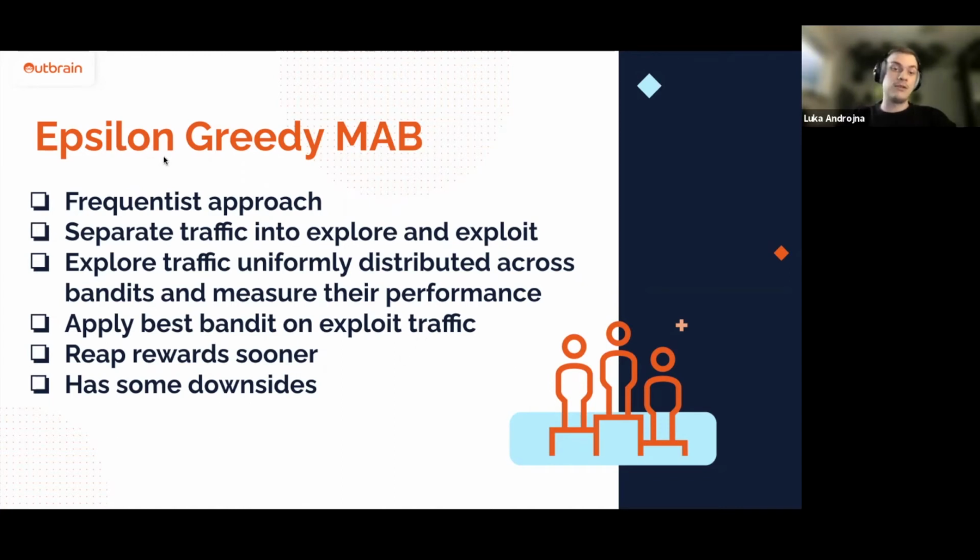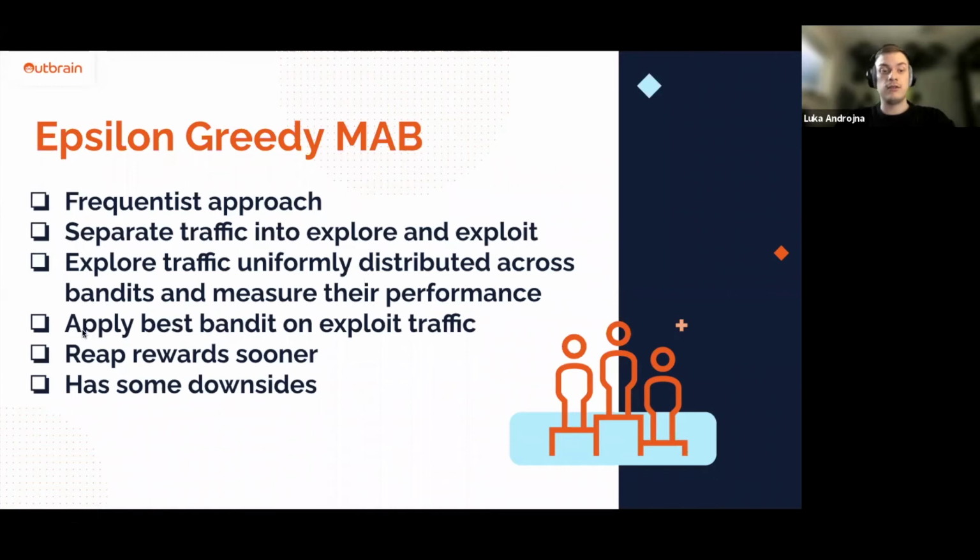Epsilon comes from the fact that you take a number or a percentage epsilon, that's exploration, and everything else goes into exploitation. The exploration traffic should get uniformly distributed across all bandits. Bandits here are the competing options that you have. And you measure the performance of said bandits on this exploration traffic.